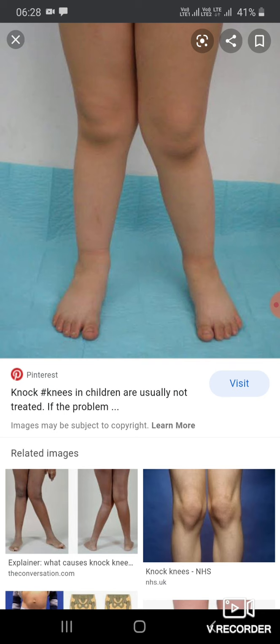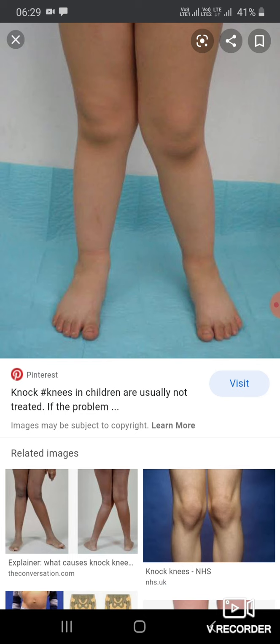That's why in the army or defense, coaches or PE persons check, and if this type of deformity is there, then the candidate fails. Both knees touch each other, that's why we call it knock knee. The knees knock each other.